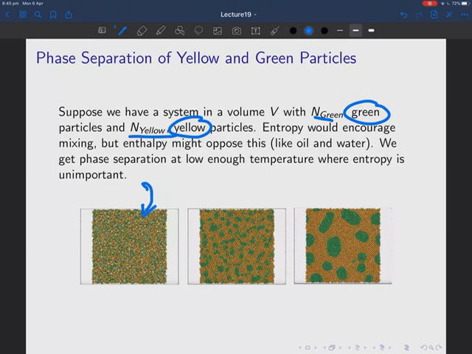For instance, in the case of oil and water, that's what happens. You get an opposition between these two effects, and you might get phase separation. So at low enough temperatures, we expect to get something that looks more like this. Maybe in fact complete phase separation into green on one side and yellow on the other. This is a system in which you can have phase separation.